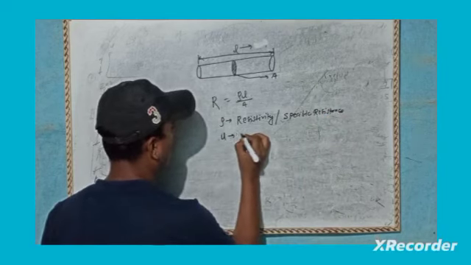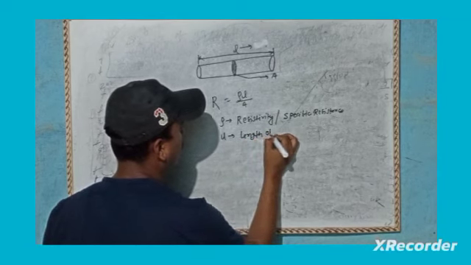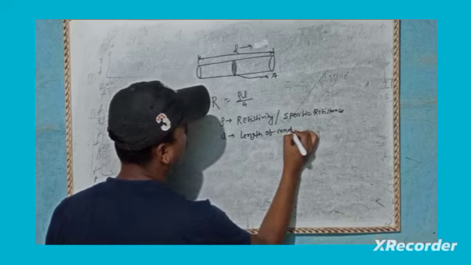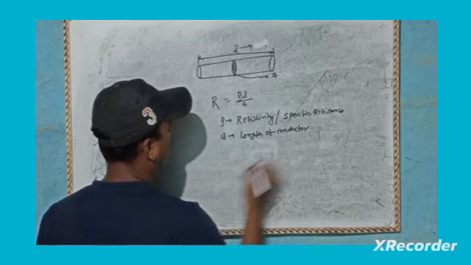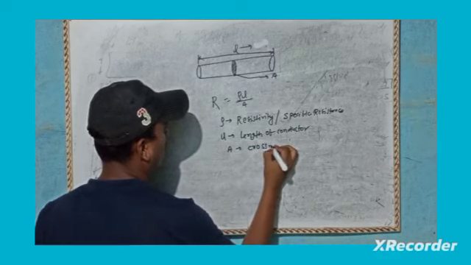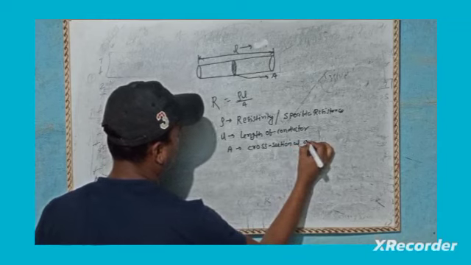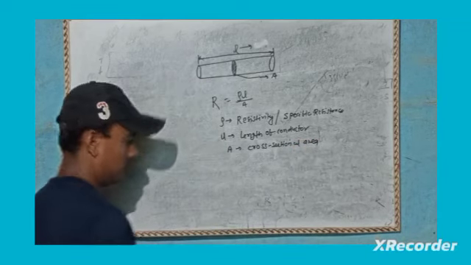R depends on L, the length of the conductor, and A, the cross-sectional area.